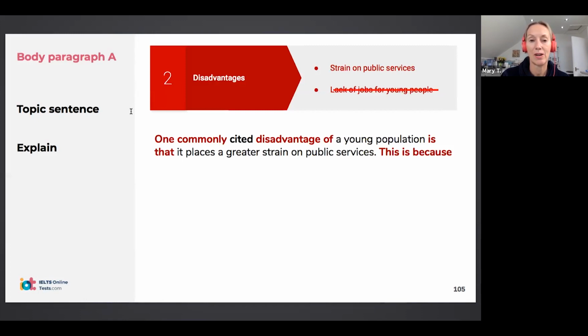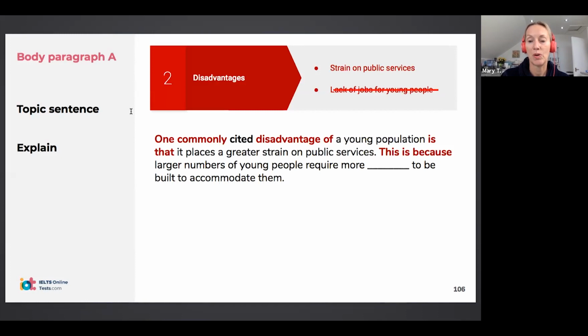So this is because larger numbers of young people require more what to be built? Similar to resources, it's kind of a word that covers everything, really, everything that young people might need. Facilities, aid, that's right. So it require more facilities to be built to accommodate them.